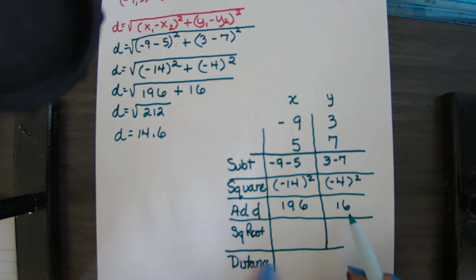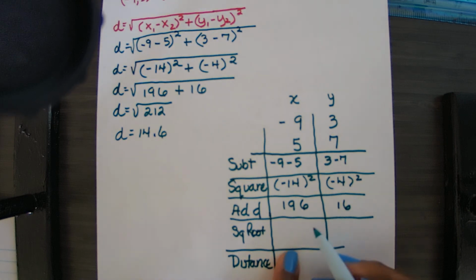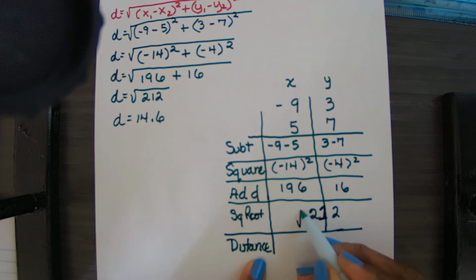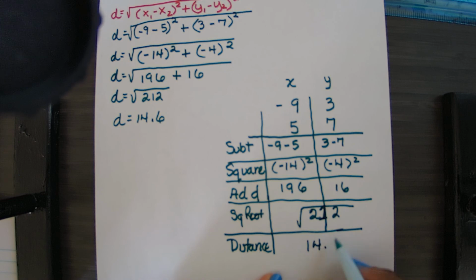At this point, I'm going to add those, and that's going to give me 212. And then I'm going to find the distance by taking the square root, which is going to give me my 14.6.